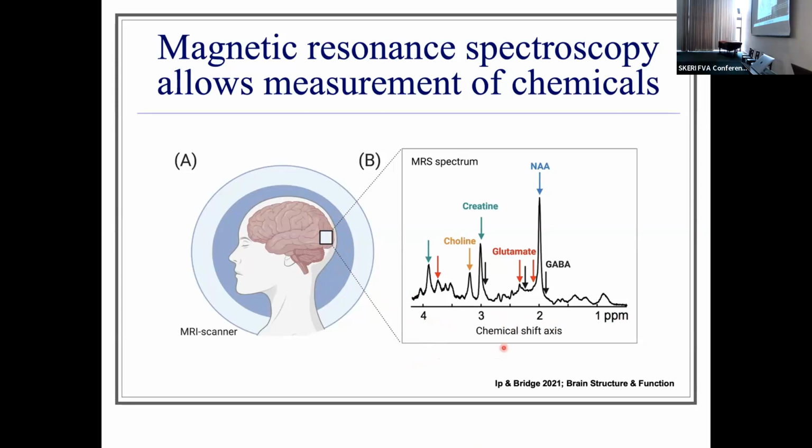Different parts of those metabolites, shown by the different arrows, are at different positions on this axis, and by clever integration we can work out the concentrations of these different metabolites within this chunk of brain.